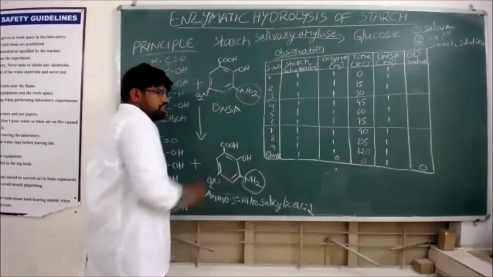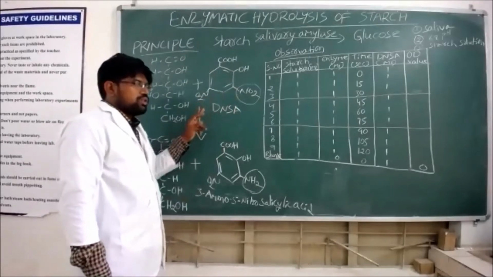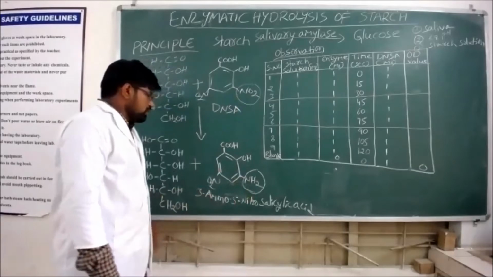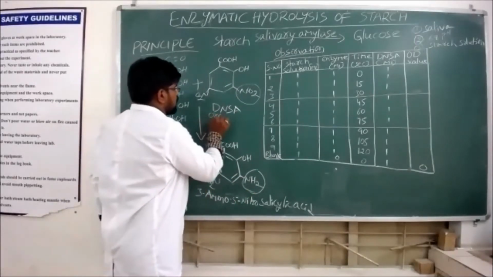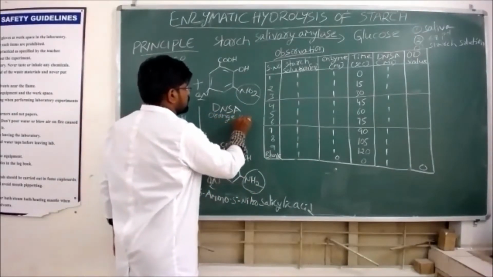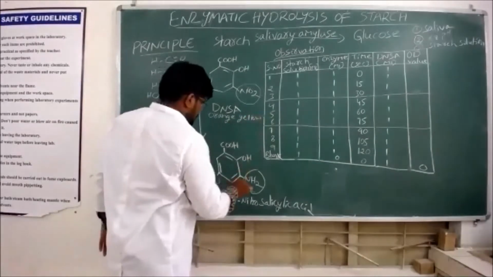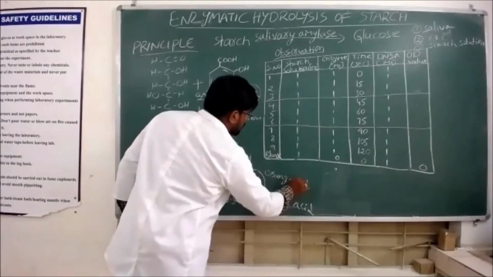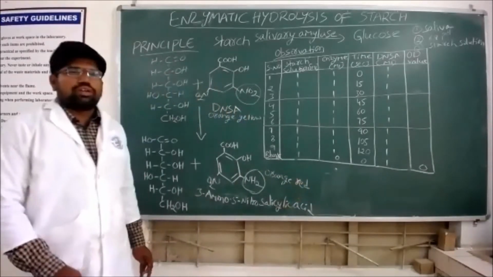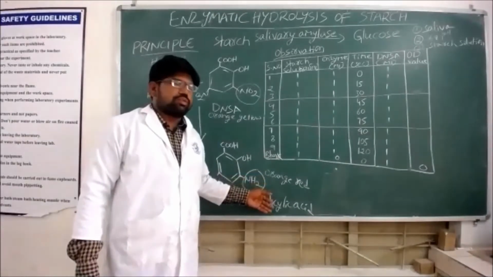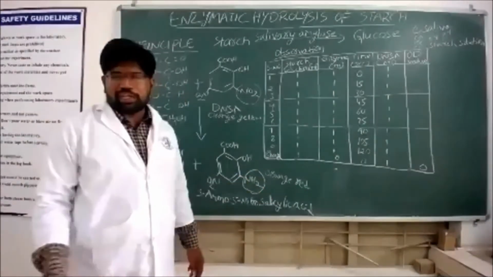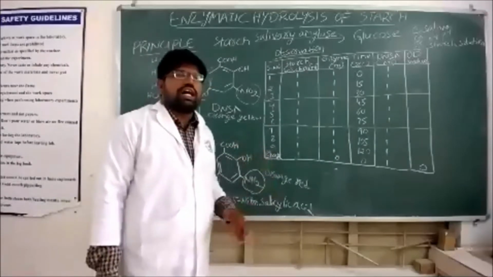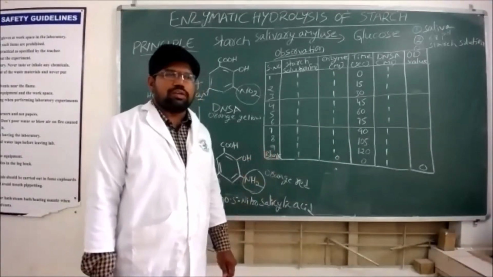Initially it contains 2 nitro groups, and because of the reduction this nitro group becomes amino. Because of that, the orange yellow color becomes orange red. The intensity of the orange red we estimate, and based on that we determine the enzymatic hydrolysis of the starch.